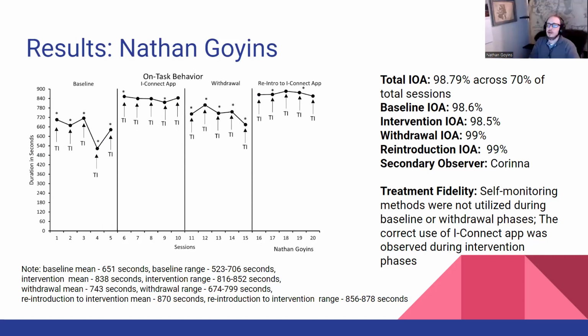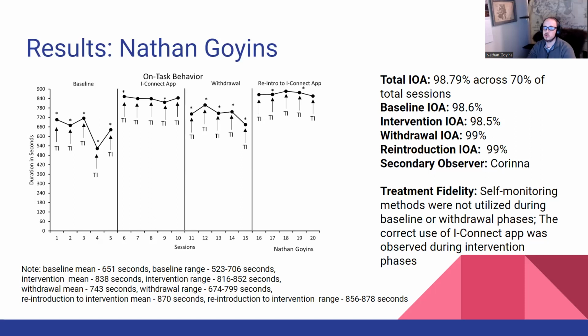For my data, I had a total IOA of 98.79% across 70% of total sessions, with my secondary observer being Karina. I had a baseline average of 651 seconds before moving on to intervention, where I had an average of 838 seconds.